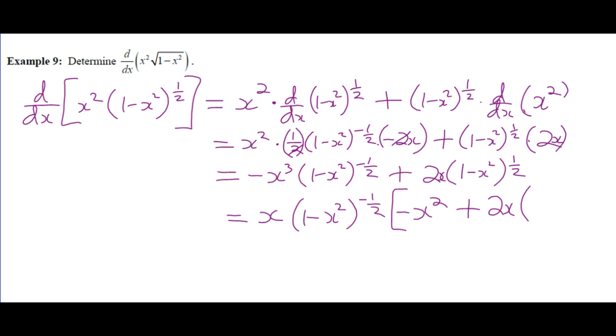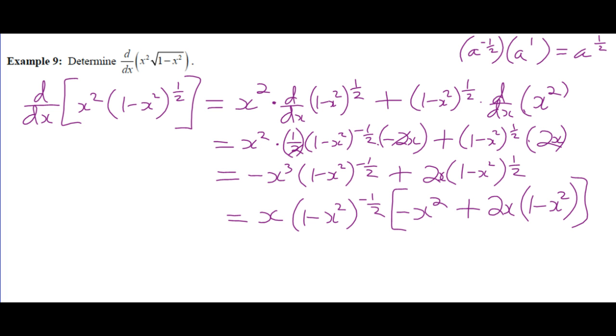What goes here? So what do I multiply this by in order to get this? Okay. A to the negative 1/2 times something is equal to a to the positive 1/2. Okay. A to the 1, right? Negative 1/2 plus 1 is positive 1/2. So this is going to be 1 minus x squared.